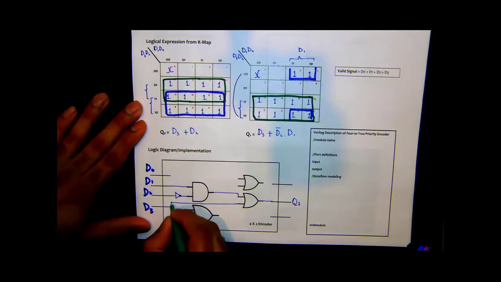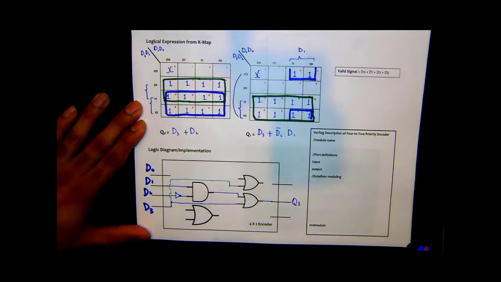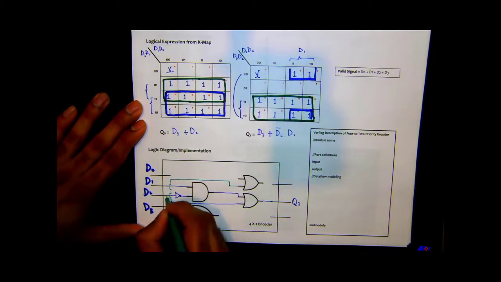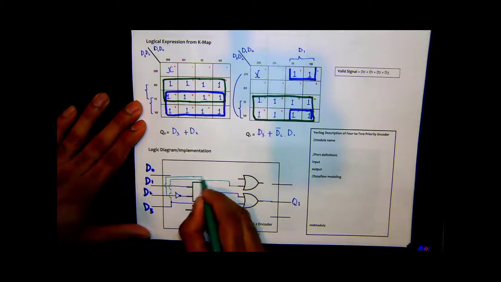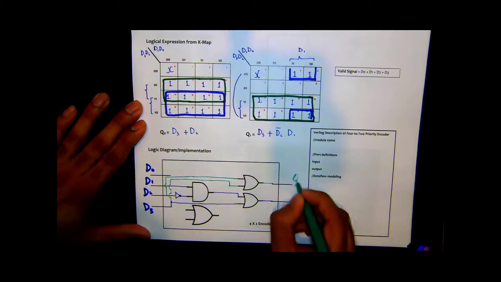So this was D3 and this is going to be D2. Okay, so this makes my Q0.